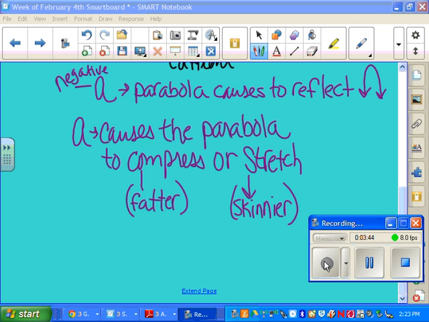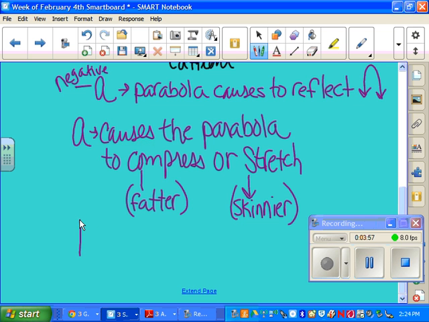So what if the absolute value of a is greater than 1? Then if that happens, it stretches vertically. But if the absolute value of a was between 0 and 1, so it was a decimal, it would compress vertically. Remember, compress means to get fatter, and stretch means to get skinnier.